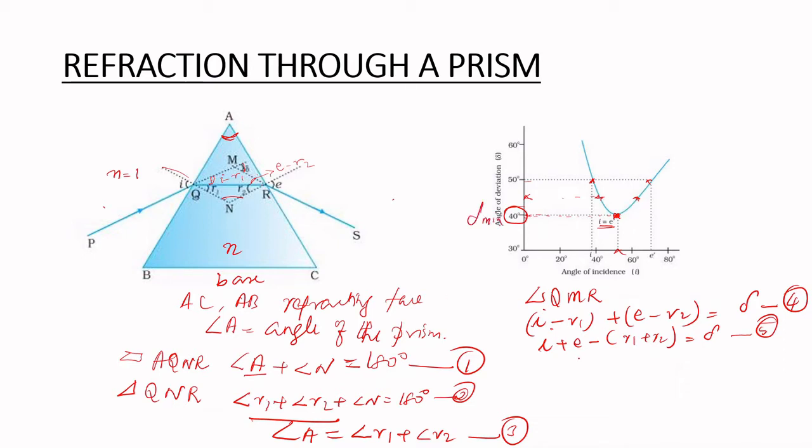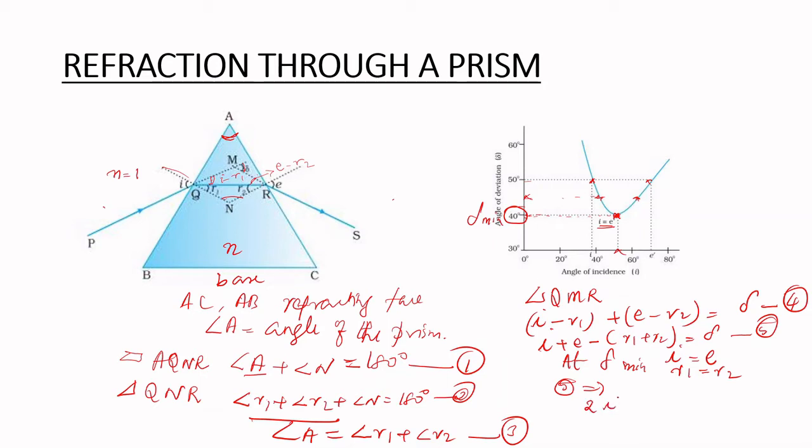At delta minimum, we say I is equal to E. Then the ray becomes parallel to the base. Therefore, R1 will become equal to R2. So in equation 5 we can write I and E are equal.